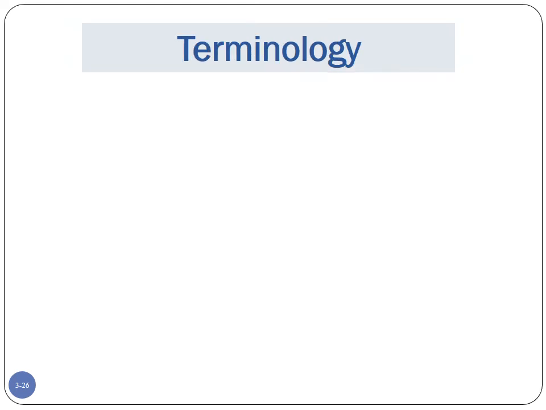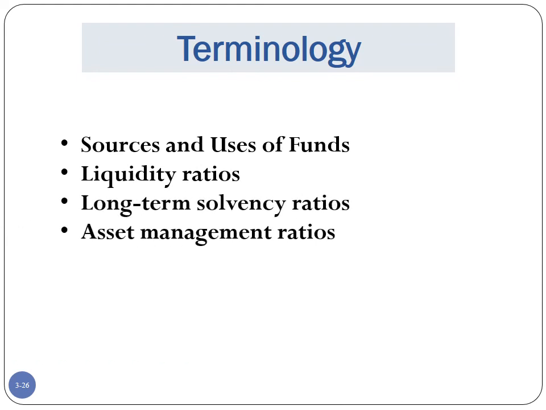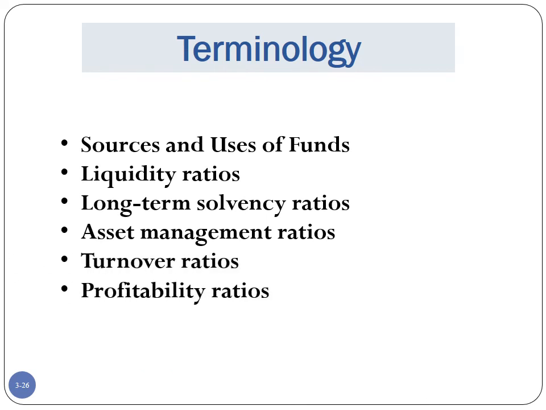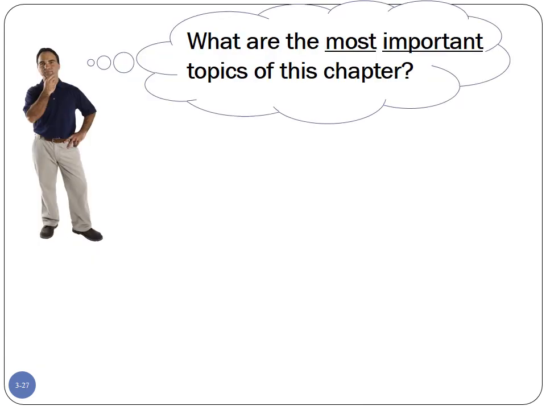So understand the terminology within the chapter: sources and uses of funds, liquidity ratios, long-term solvency ratios, asset management ratios, turnover ratios, profitability ratios, and market value ratios, as well as what the DuPont identity is and how it can be used.